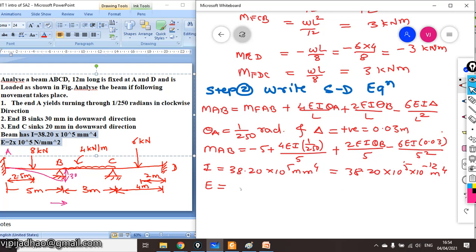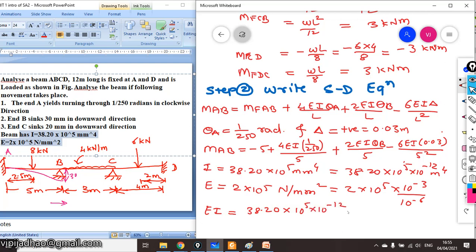as 2 into 10 raised to power 5, Newton per mm square. To convert it into kilonewton per meter square, just multiply this with 10 raised to power minus 3 and divide it with 10 raised to power minus 6. So 2 into 10 raised to power 5 into 10 raised to power minus 3 divided by 10 raised to power minus 6. So we get this value EI. This value EI is equal to 38.20 into 10 raised to power 5 into 10 raised to power minus 12 into 2 into 10 raised to power 5 into 10 raised to power minus 3 into 10 raised to power 6.